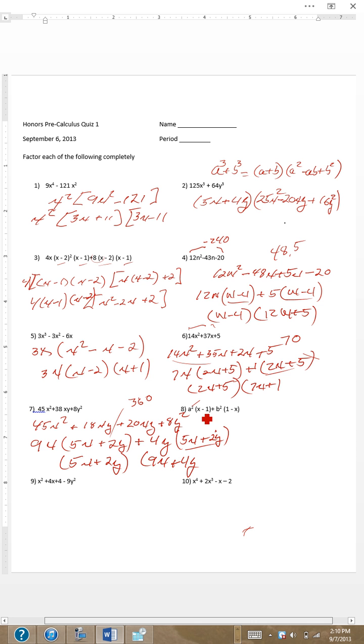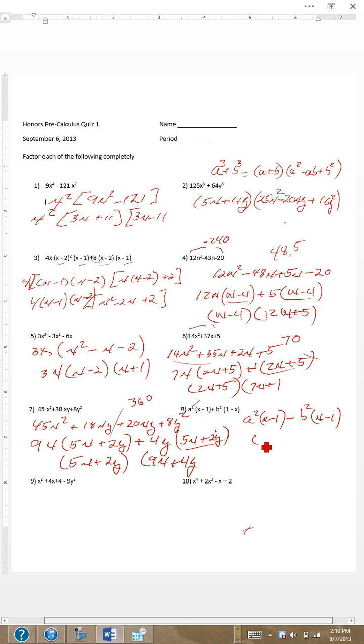Number 8. Not quite. Some people made the mistake. This reads 1 minus x, that reads x minus 1. They are opposites. So we can work around that by pulling out a negative from the second grouping. If we pull out a negative, then we can reverse the order of that.